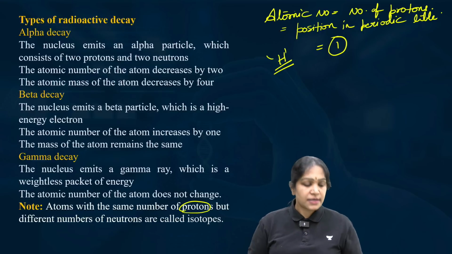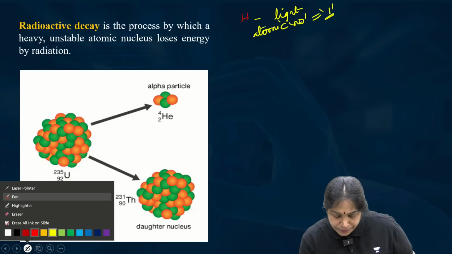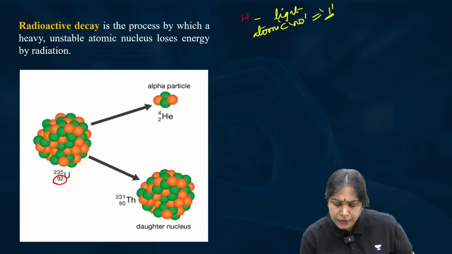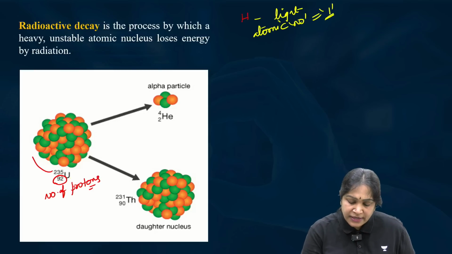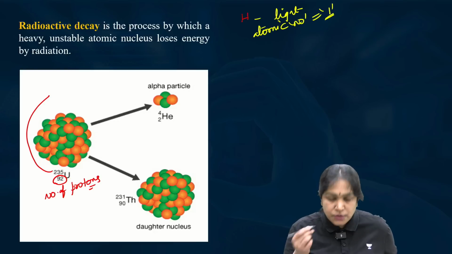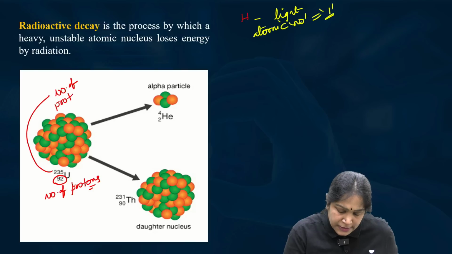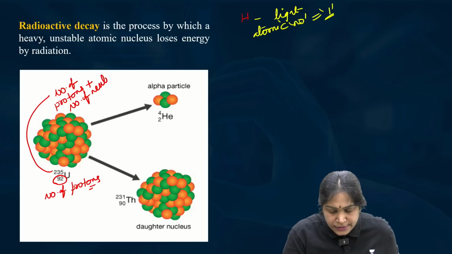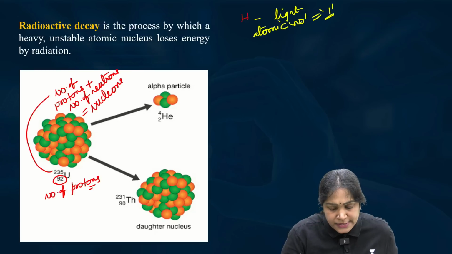Whereas towards the later part, for example, if you take uranium, the number of protons is 92. Then you may get one doubt. What is this 235? 92 is number of protons. What is 235? That is number of protons plus number of neutrons, means number of nucleons.